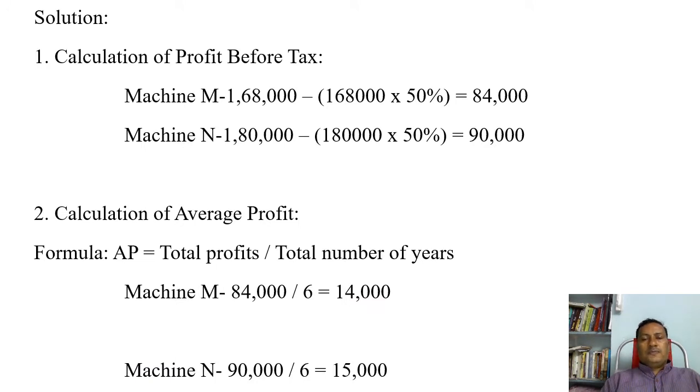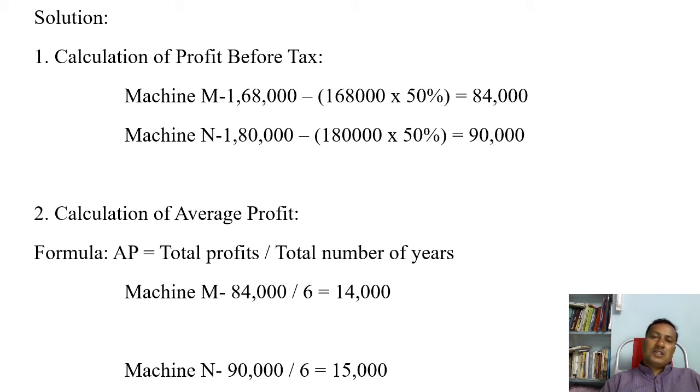The solution: calculation of profit after tax. First working note you have to find. Here machine A total profit is given as 1,68,000 and machine B total profit is 1,80,000 for 6 years. This is the profit before tax, so you have to subtract the tax. 1,68,000 into 50%, that comes to 84,000.